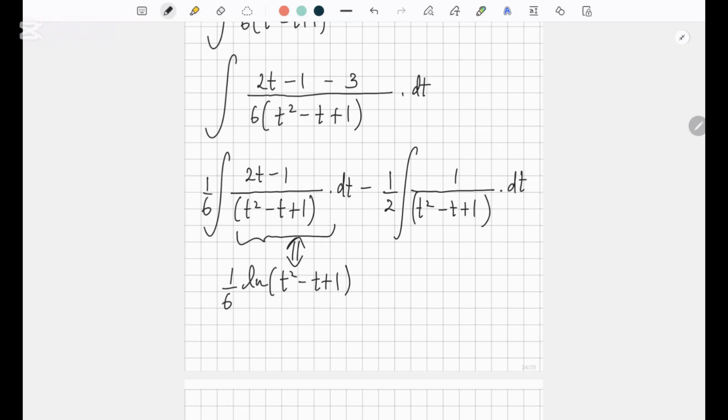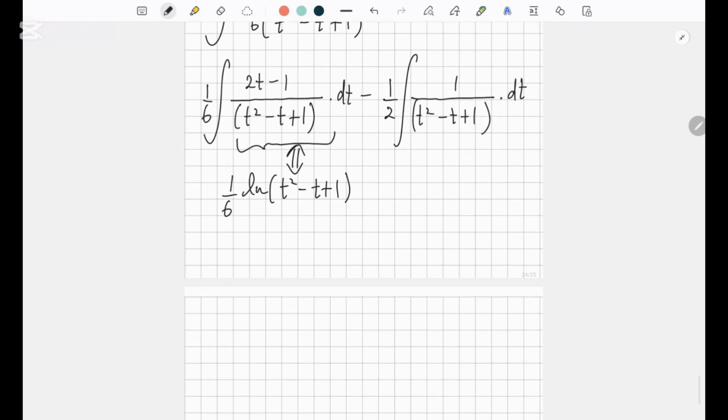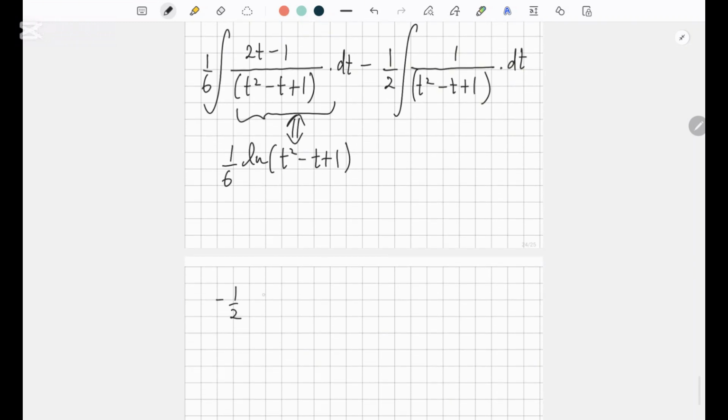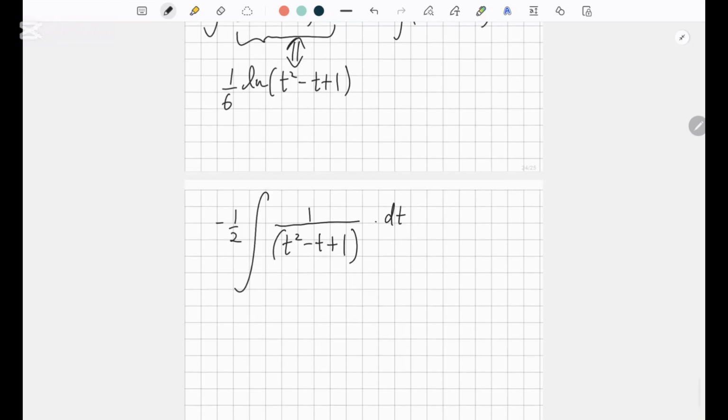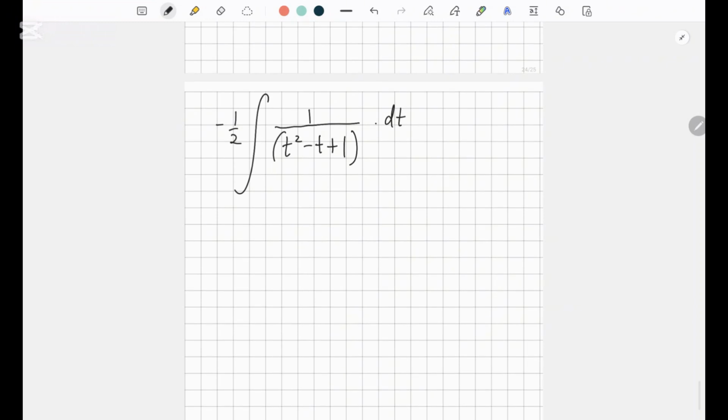for the fraction on the left side. Now let's go on to the right side. We have minus half into the integration of 1 over t squared minus t plus 1. Now this is a bit tricky. We'll have to write this in a completing square format.